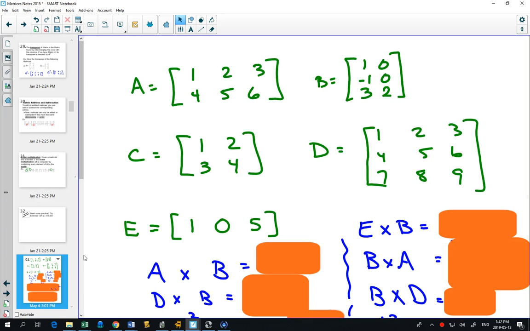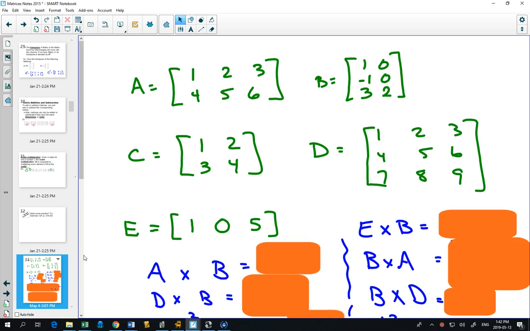For the first part, we're going to use our calculators to multiply them and see what the answers are. Our job is to try and figure out 2 things. A, when are you allowed to multiply? Because a bunch of them you're going to get errors. And 2, how do you multiply? Look for patterns and see if you can figure out the rules for multiplication by testing things with your graphing calculator.